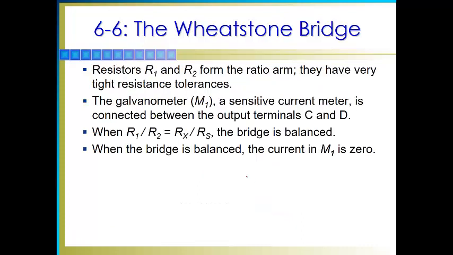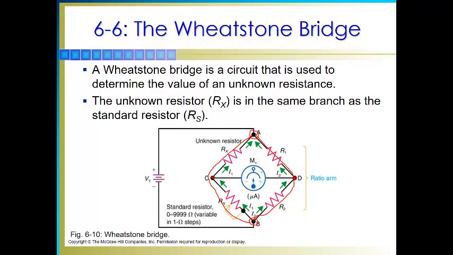And then when R1 over R2 equals Rx over Rs, the bridge is said to be balanced, okay? So in other words, when the bridge is balanced, the current in M1 equals 0. So this is a meter, all right?